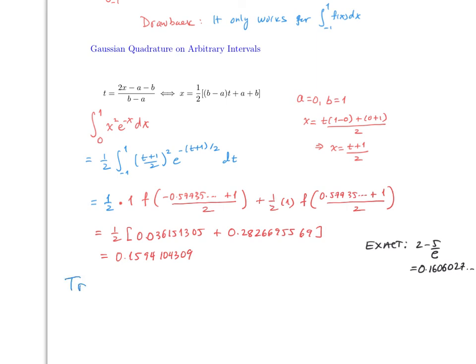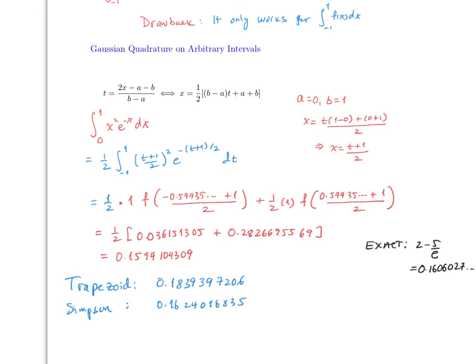So now let's compare that with the previous methods. If you do the trapezoid rule, it will give you 0.1839397206, and Simpson will give you 0.1624016835.